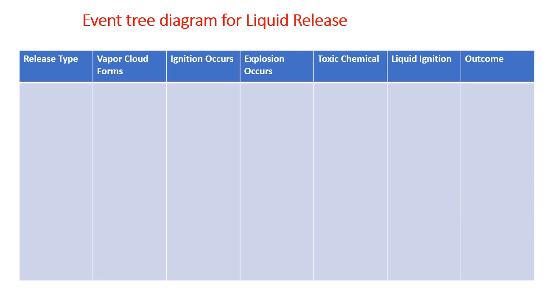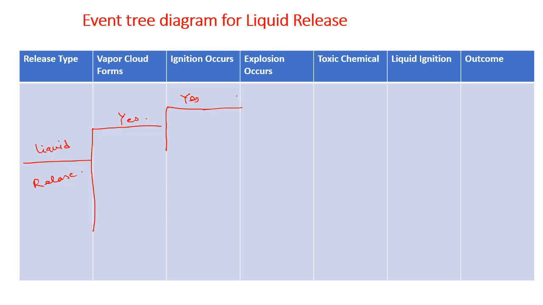Now, next, what will happen in case of the liquid release, right? So release type is, again, if it is a liquid release, there is a chance that with the liquid release the vapor cloud can also form. So if a vapor cloud forms and then ignition occurs, right?